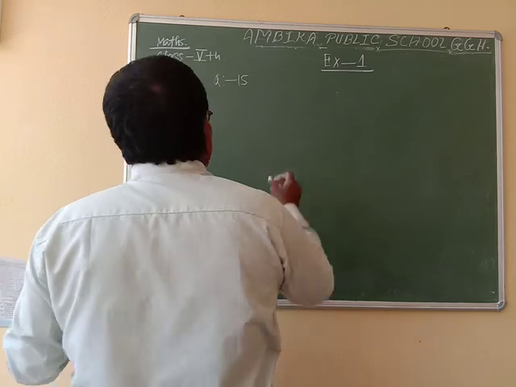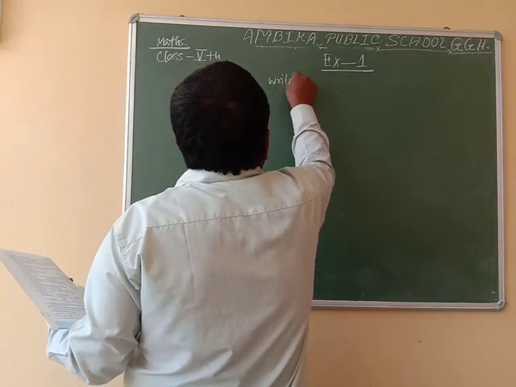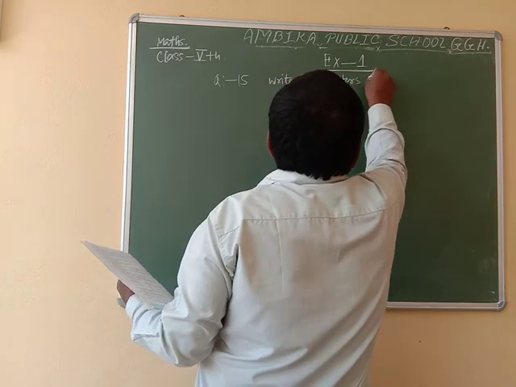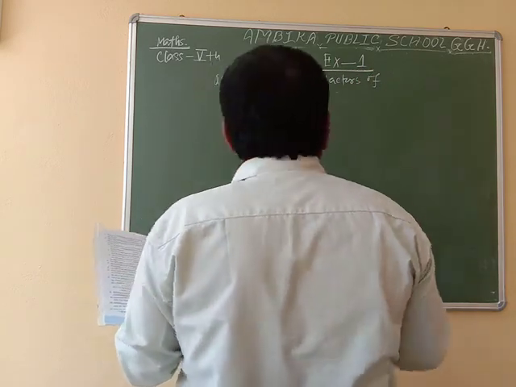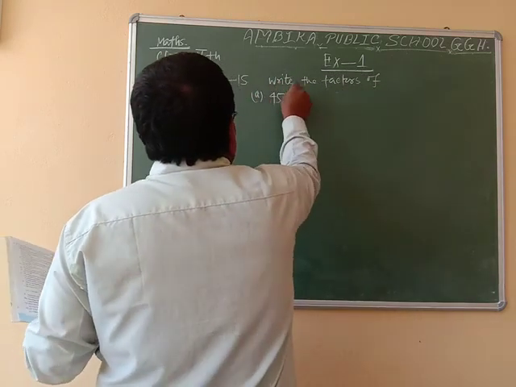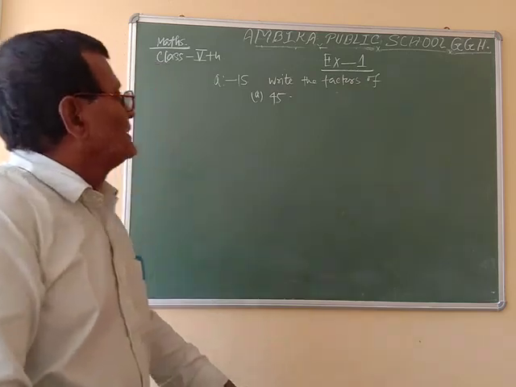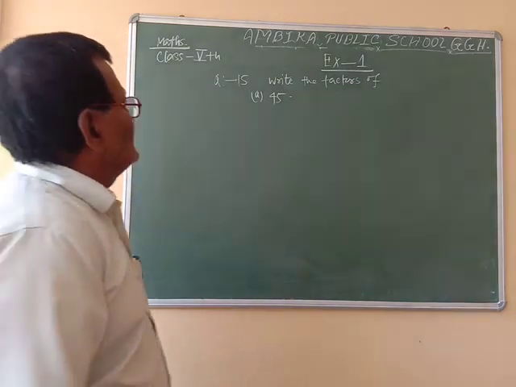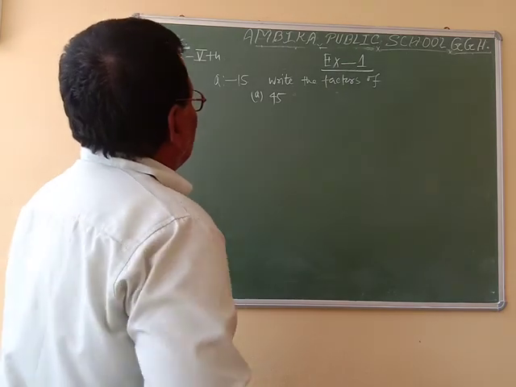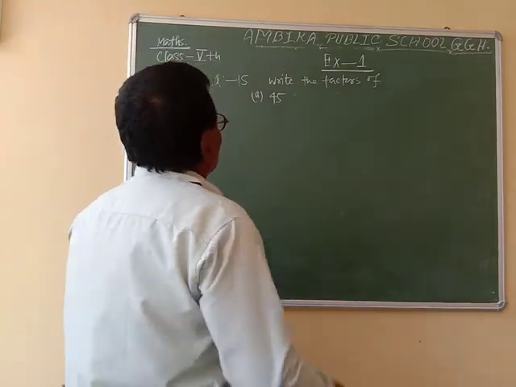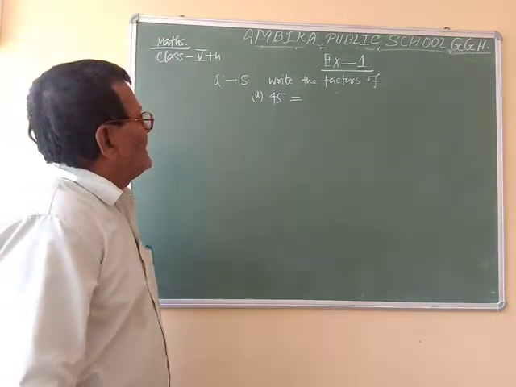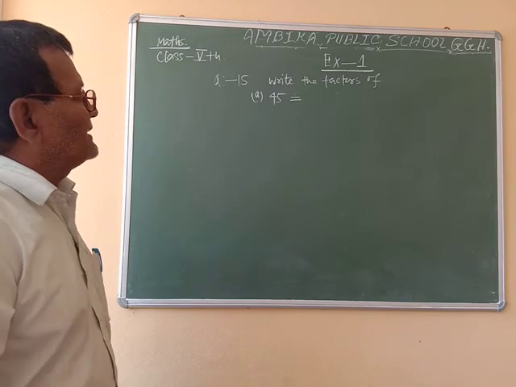Write the factors of 45. You have already read in previous classes that a factor of a number is an exact divisor of that number.